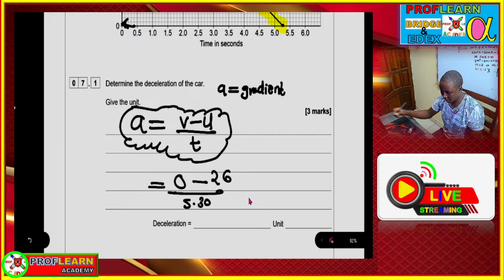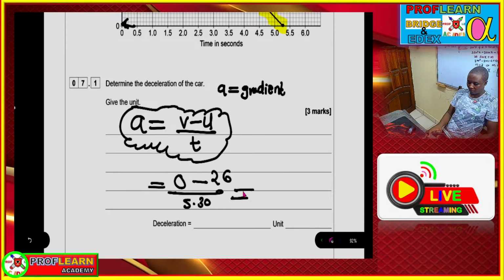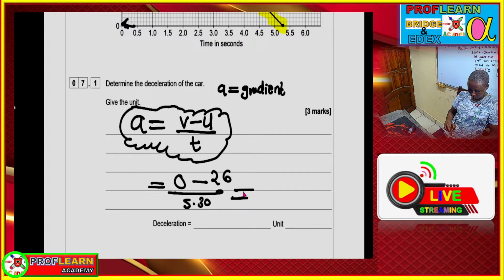So if you work it out, what's your value going to be? Which is going to translate to around negative 4.9.